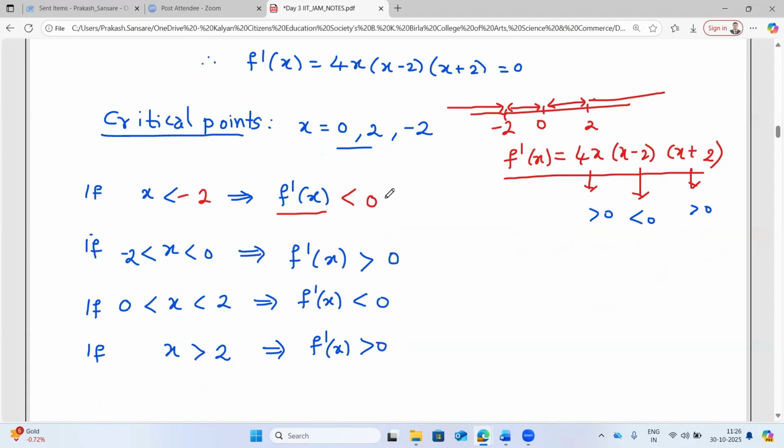Now you can see that at minus 2, the derivative is negative and then positive. So f dash x changes from negative to positive. So is x equal to minus 2 a point of maxima or minima?